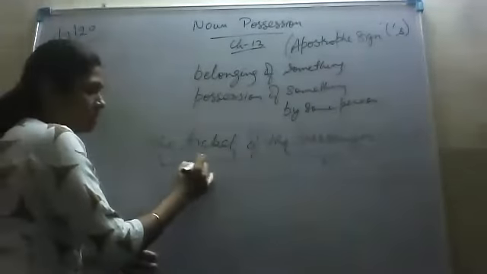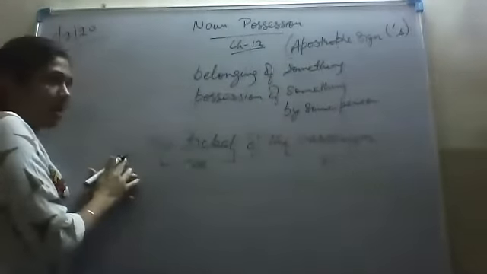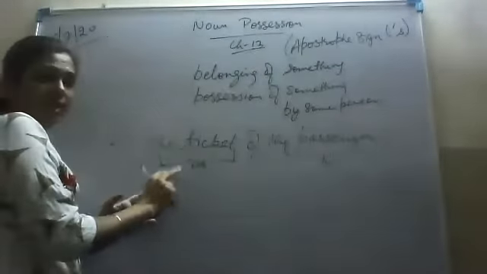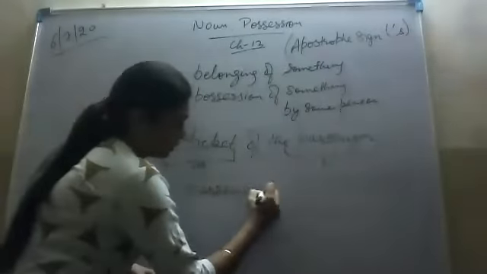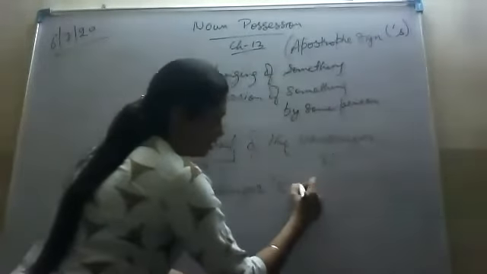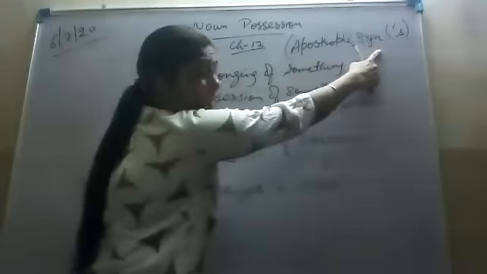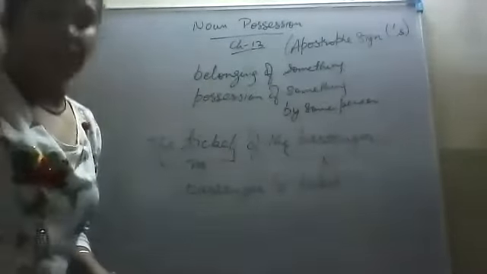This is the possession. This is one way to write it, and if we write this expression using the apostrophe sign, we will write it as passenger's ticket. As you can see, we use an apostrophe sign and s. Is it clear?